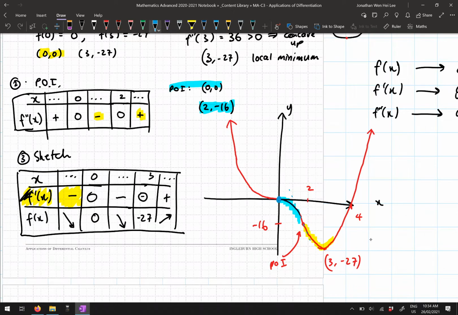That's not a horizontal point of inflection. So here, this point at 0, 0 is our other point of inflection. Because notice on the right-hand side, we've got concave down. How about the left-hand side? What concavity is this side? Concave up. So it goes from concave up to concave down. Points of inflection just mean you're going from concave up to concave down or vice versa. Concave up, concave down. That's what we did last lesson.